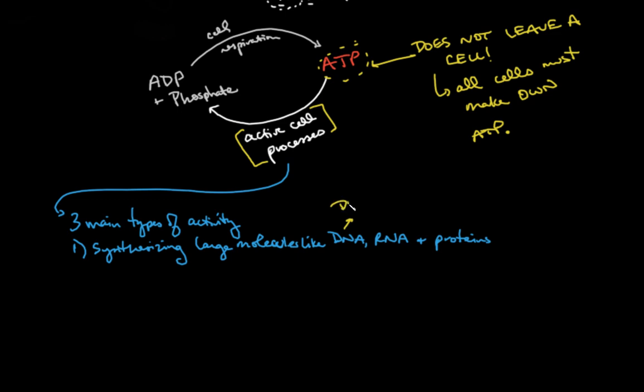That's called DNA replication. So making more DNA is DNA replication. Going from DNA to RNA is transcription. And RNA to proteins is translation. And remember that these proteins are made at the ribosomes.